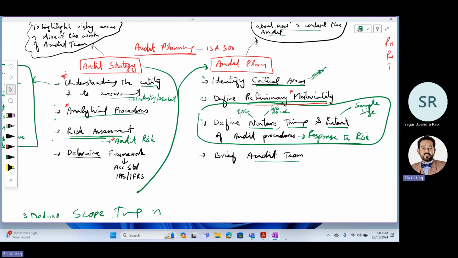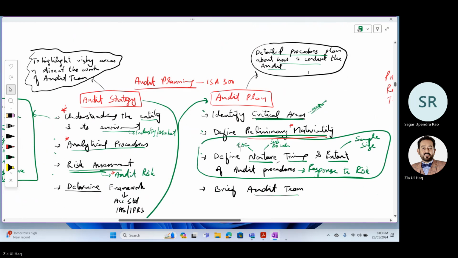Auditors should prepare an audit strategy and an audit plan. We differentiated between them: the audit strategy highlights risky areas and directs the work of auditing, while the audit plan is a detailed procedure plan about how to conduct the audit.